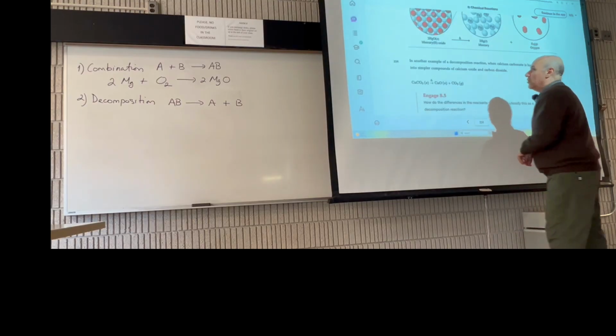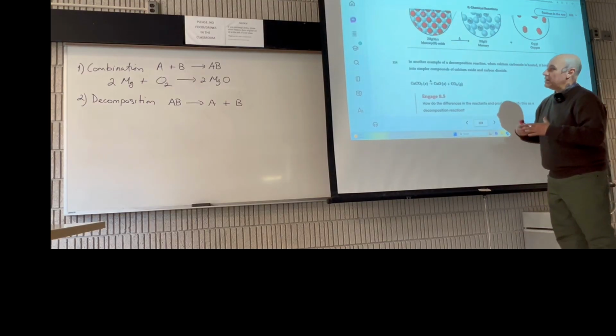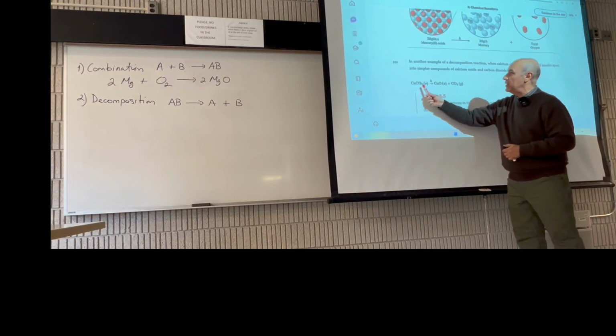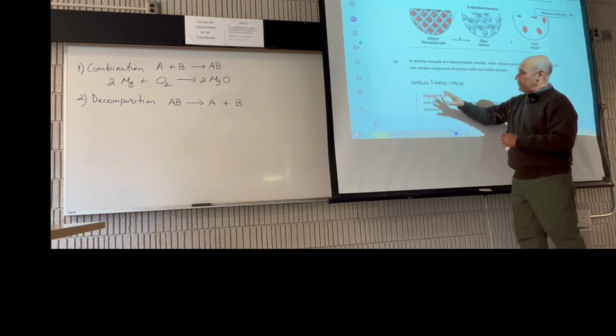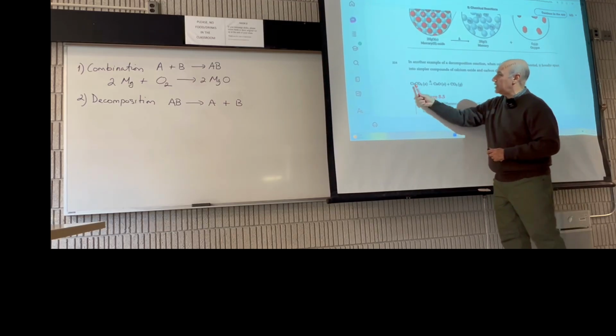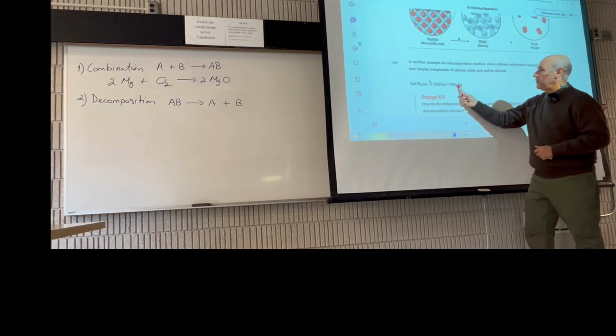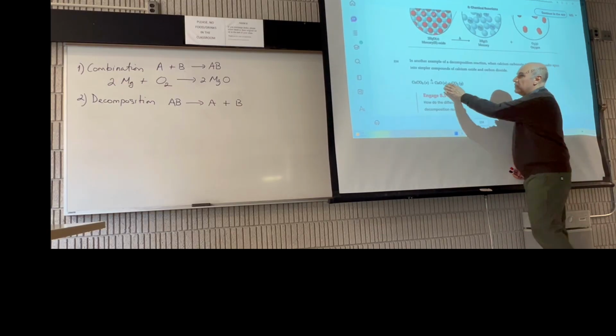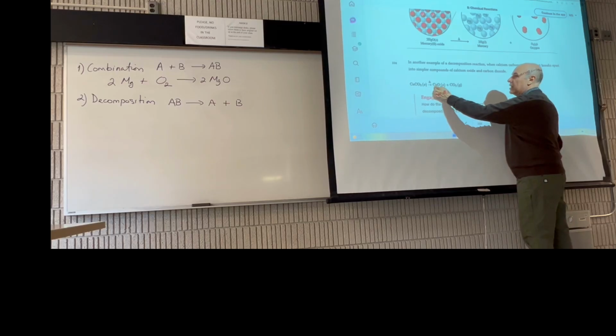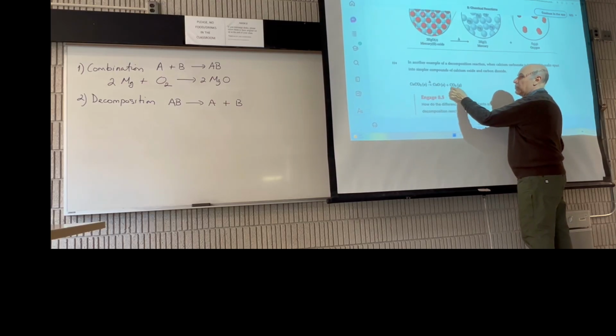Okay. So here you have another example of a decomposition. Calcium carbonate. Difficult to see the components, but this has calcium, has carbon, and has oxygen. It's becoming two different chemicals, very different from the original one, calcium oxide and carbon dioxide.